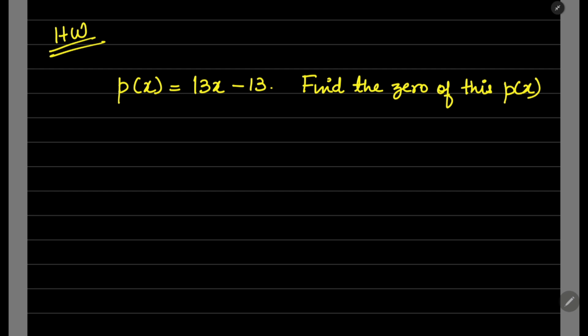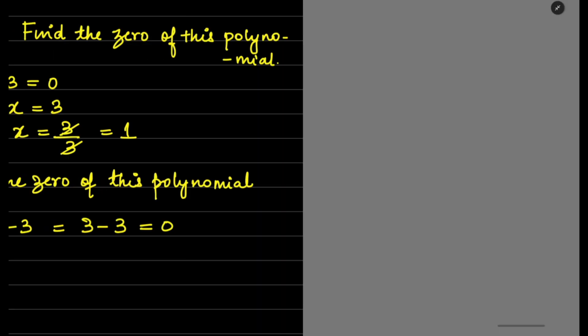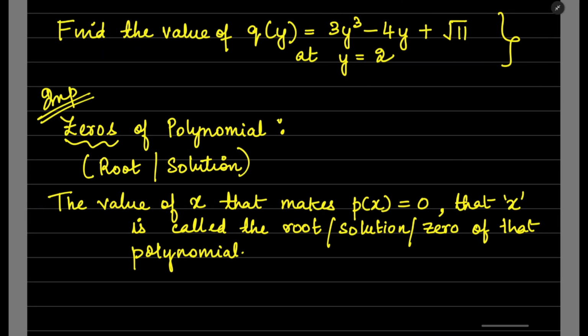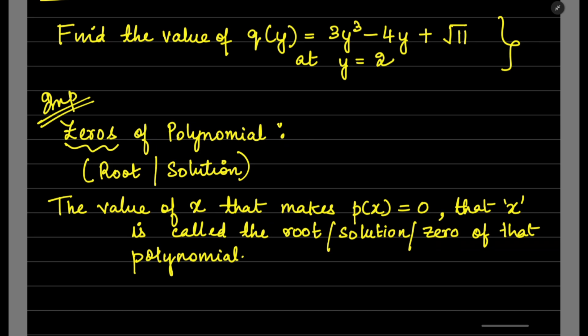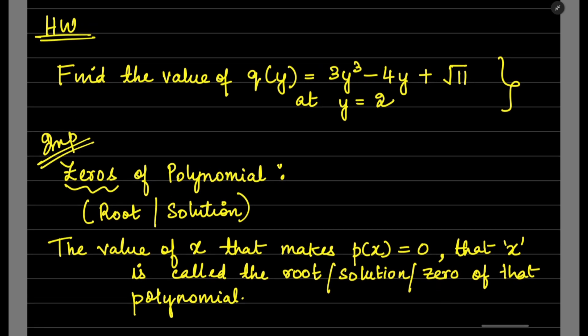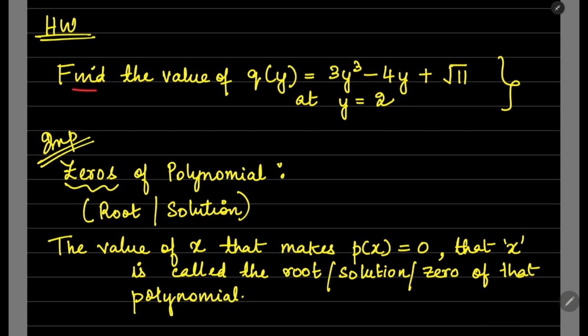You will do it yourself and comment whether you have done it or not. I have given you 2 homeworks. What is the first homework? This one: find the value of the polynomial at y equal to 2. This is the first homework.